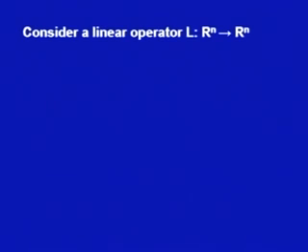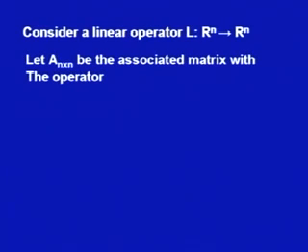For this we consider a linear operator which is a linear transformation from Rn to Rn. Let us say A is the n by n matrix associated with this transformation.